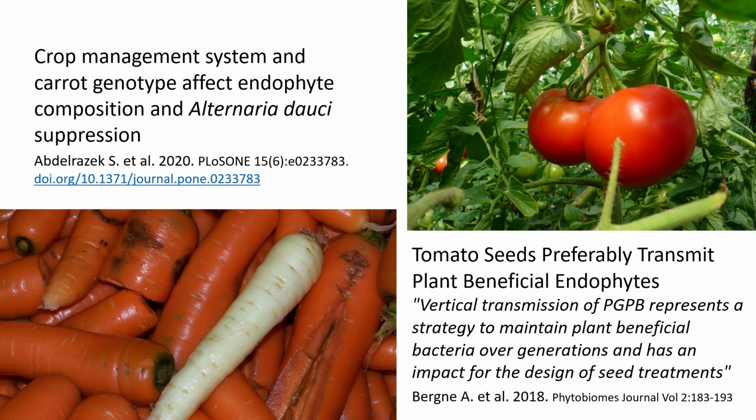In this experiment and with this crop, seeds were identified as a primary vehicle in the transmission of plant growth promoting bacteria. Authors of this study conclude that this constitutes a strategy to maintain plant beneficial bacteria over generations, and that this should be taken into account when designing seed treatments.